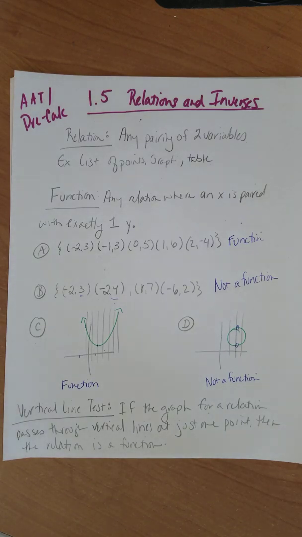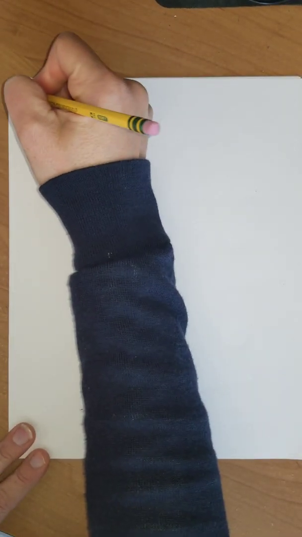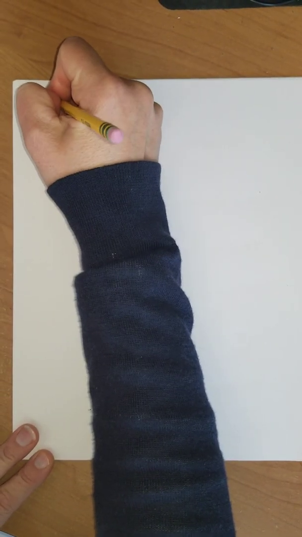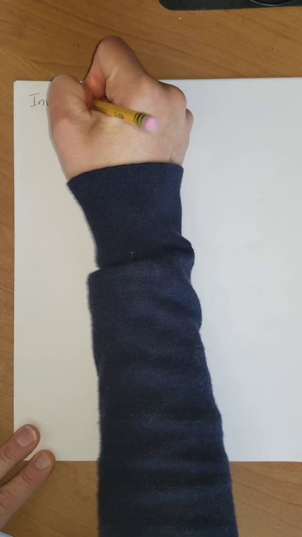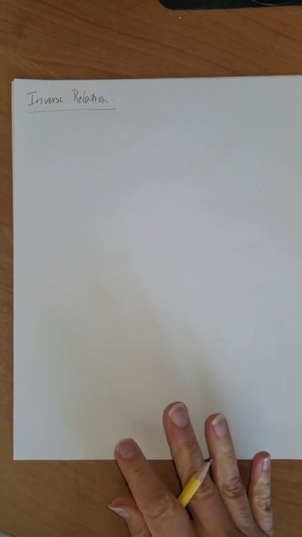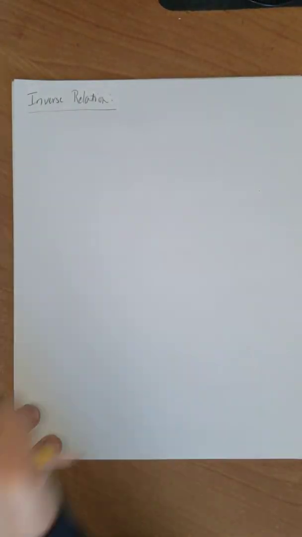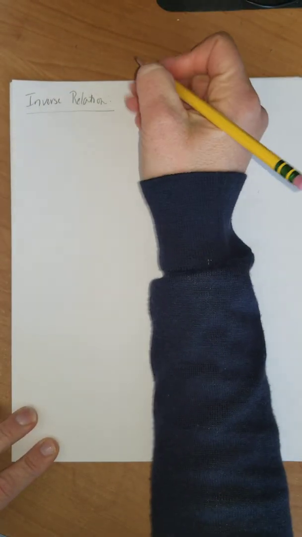Next, the thing we're going to look at is what we call an inverse. An inverse relation, let's start with that. In order to have an inverse relation, you have to have a relation. You have to have some kind of set of ordered pairs. An inverse relation is taking the relation's pairs and reversing them, flipping the x's and the y's.